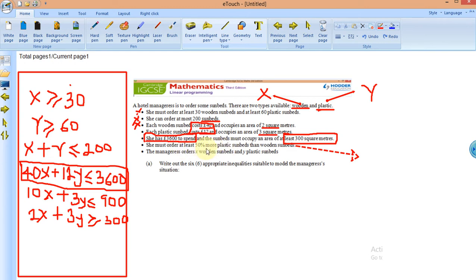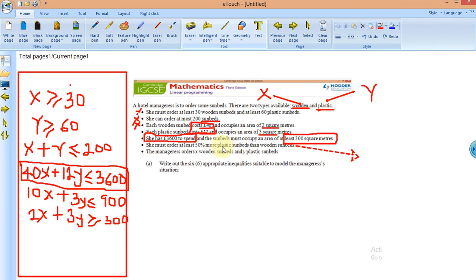This is working in percentage, so I would rather work in 100%. So 50% more means something like 150. So 50% more sunbed, and sunbed altogether, sorry about that. Plastic is y. Don't forget, plastic is y.